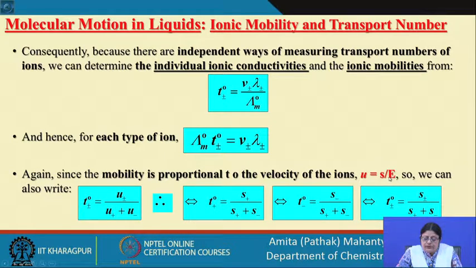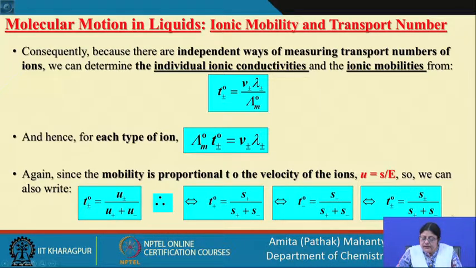So, E is going to get cancelled. So, what we have is the transport number in the limiting condition in terms of the speed of the positive ion divided by the summation of the speeds of the positive and the negative ion.